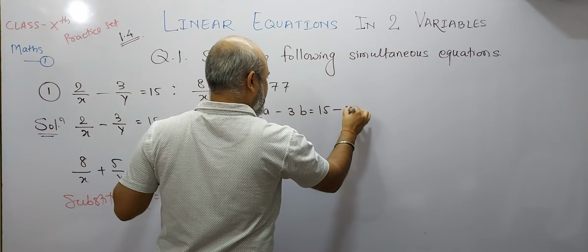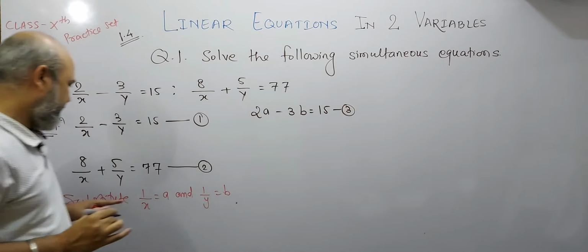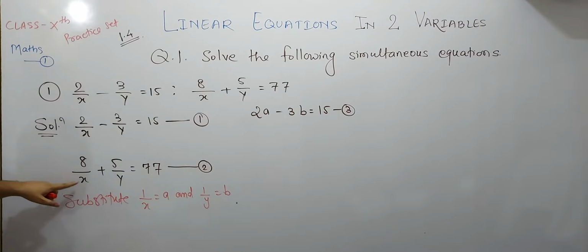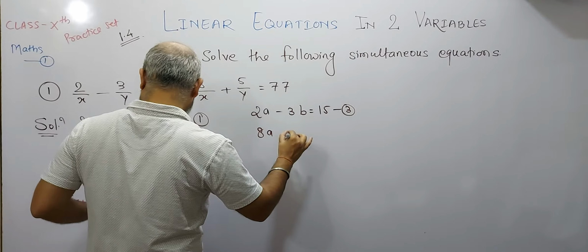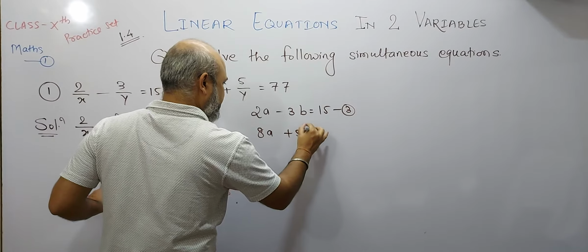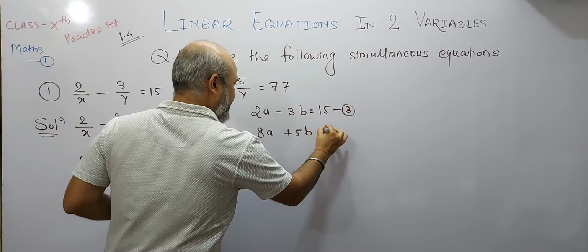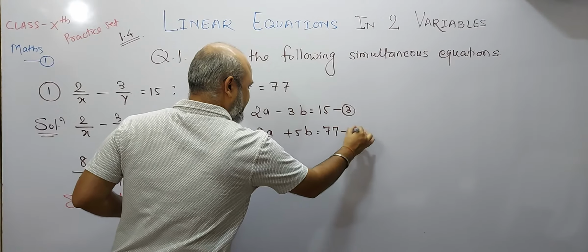This will be equation number 3 and this equation becomes 8a plus 5b is equal to 77. This will be equation number 4.